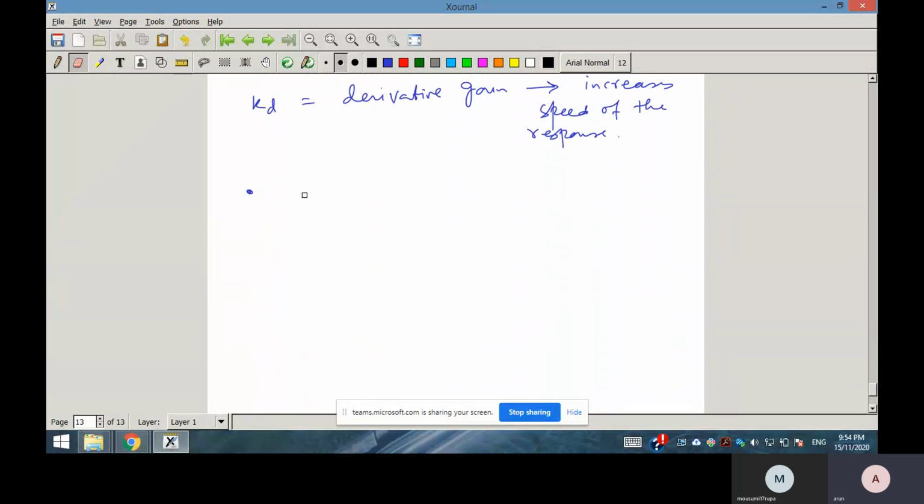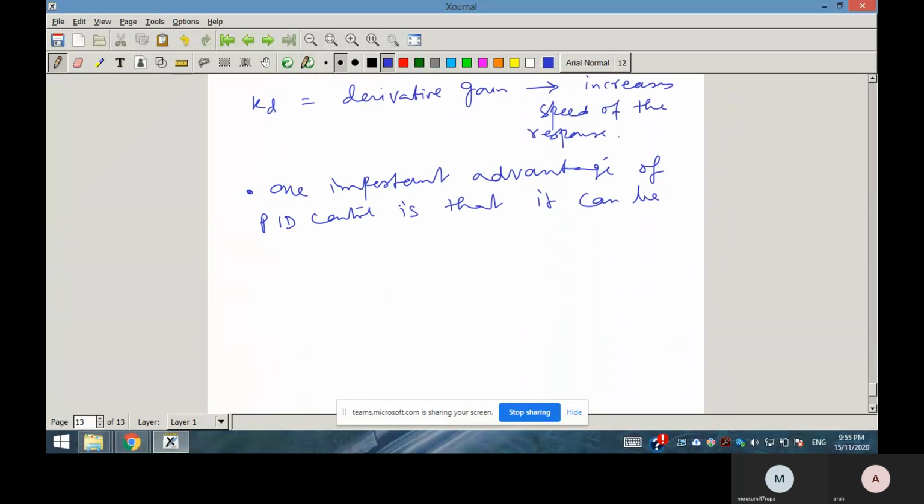One important advantage of PID control is that it can be designed even if the model transfer function is not known.